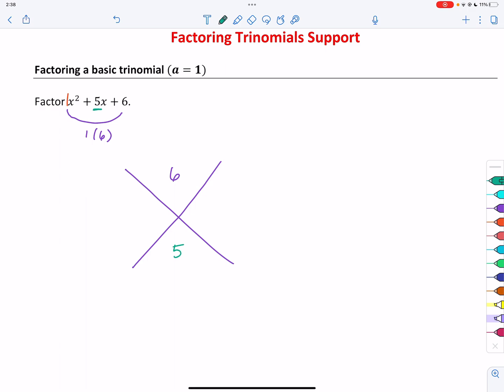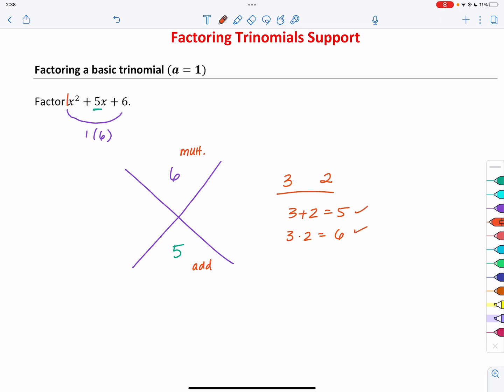So now what we're looking for is two numbers that multiply together to come up with a 6 and add together to equal 5. And you're probably right away saying that's a 3 and a 2, because 3 plus 2 equals 5 and 3 times 2 equals 6.